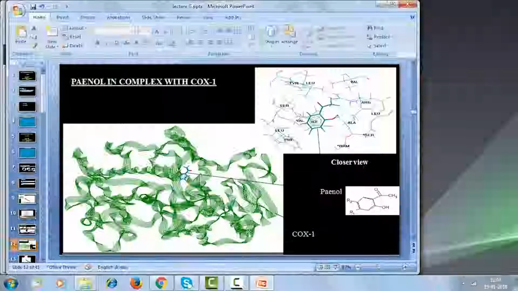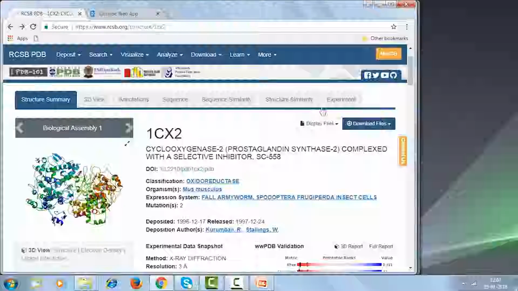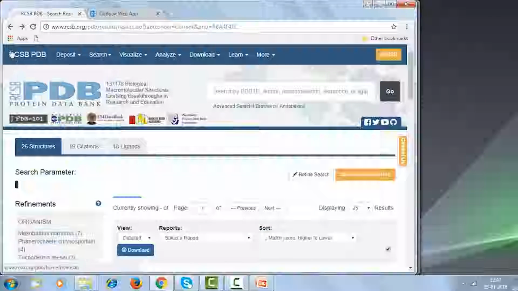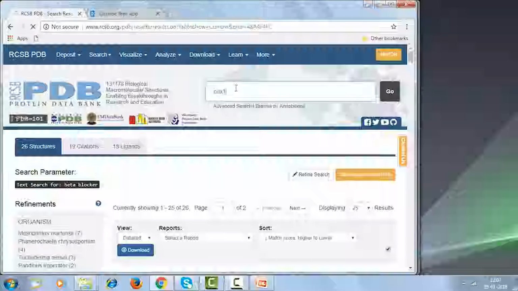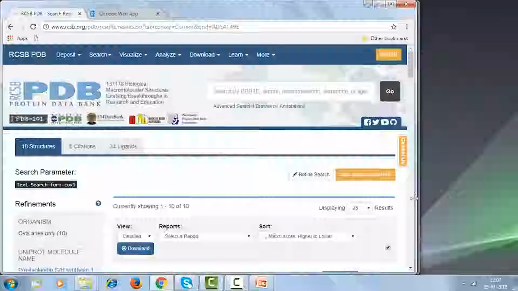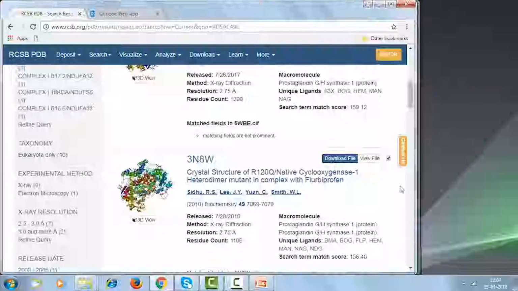Again, if you look at the PDB, there is a very nice 3D structure available of COX-1. As you can see, there are many COX-1 structures here.